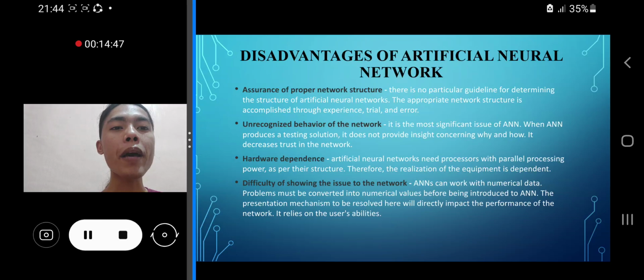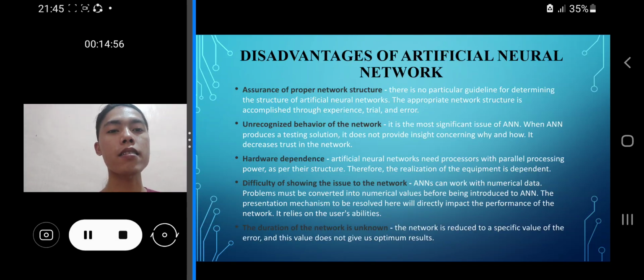The presentation mechanism to be resolved here will directly impact the performance of the network. It relies on the user's abilities. And the last one is that the duration of the network is unknown. The network is reduced to a specific value of the error, and this value does not give us optimum results.